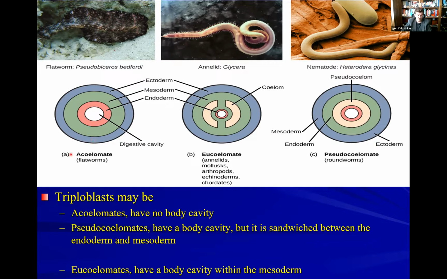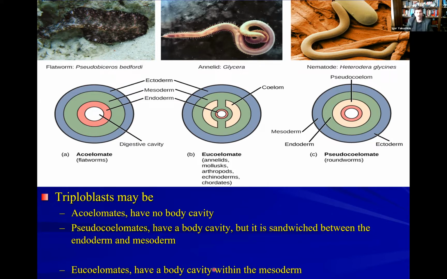And make sure that you understand that acoelomates are flatworms, pseudocoelomates are roundworms, and everything else you can think of, mollusks, the segmented worms, annelids, the vertebrates, the echinoderms, sea stars, sea urchins, and the arthropods, insects, shrimp, crawfish, all of those are true coelomates. So acoelomates have no body cavity, pseudocoelomates have it sandwiched between the endoderm and mesoderm, and true coelomates have the body cavity within the mesoderm.